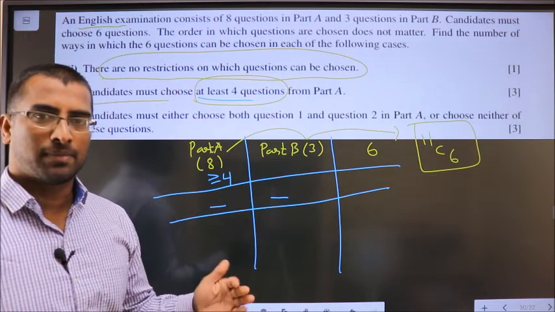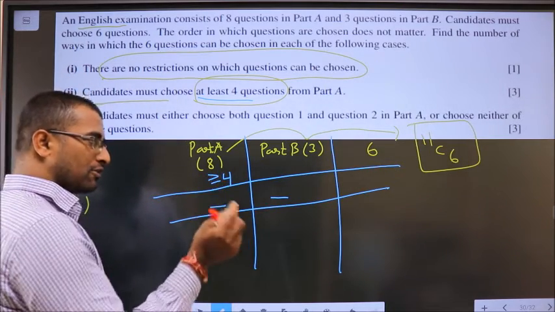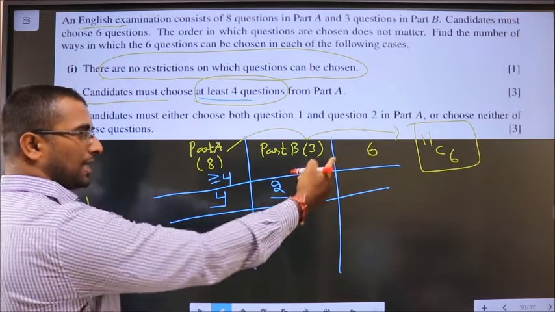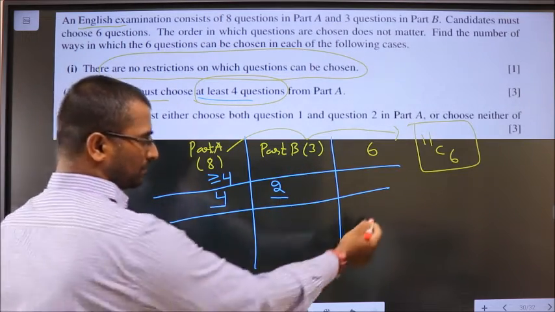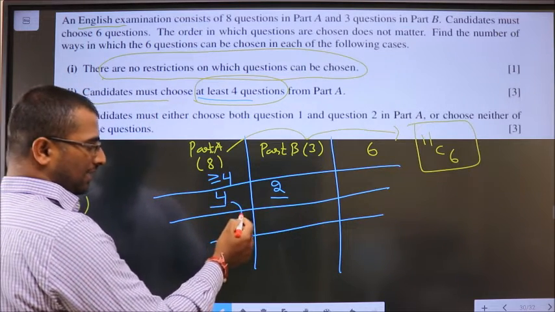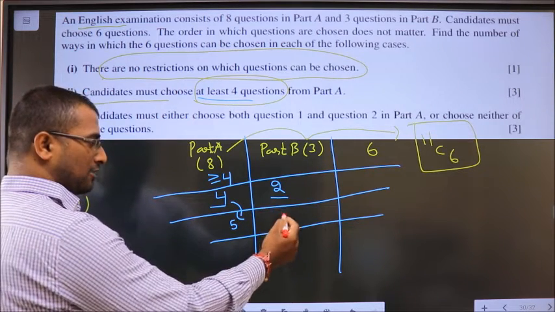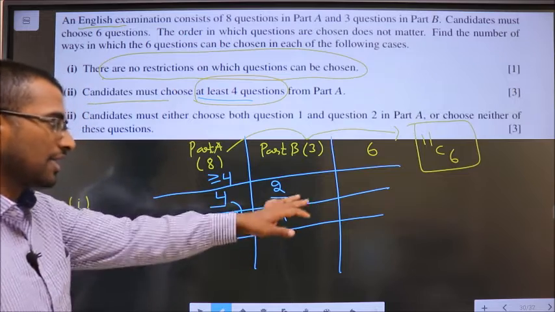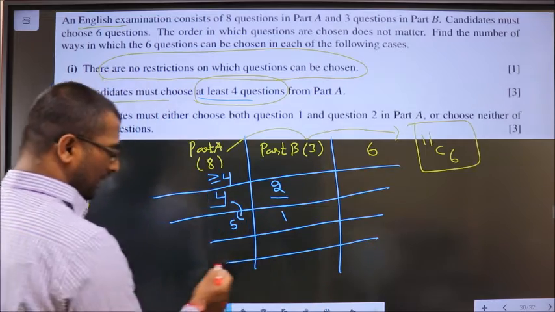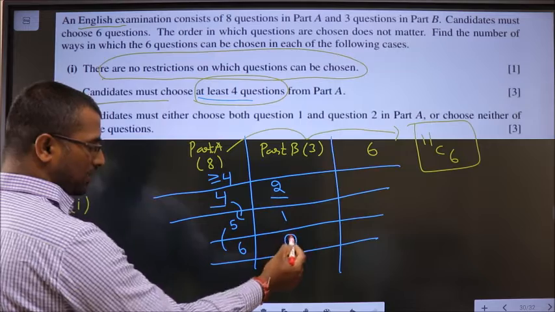Clear? So let us see how many such numbers I get. He said at least 4, so I start with 4. Then here it has to be 2, only then my count will be 6. Next, if I increase this to 5, then here it has to be 1. The count is 6, still satisfying the condition. Now, if I increase this number to 6, here it has to be 0.